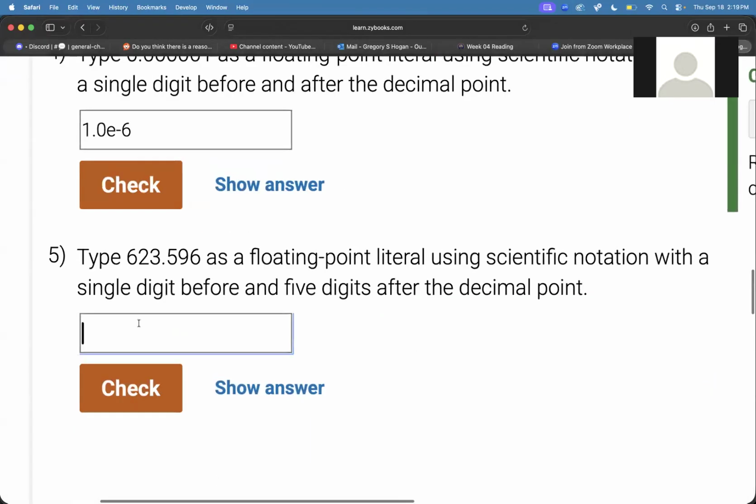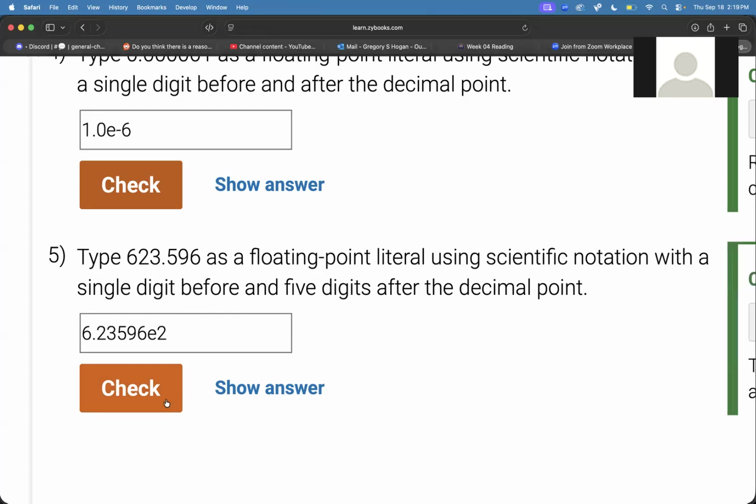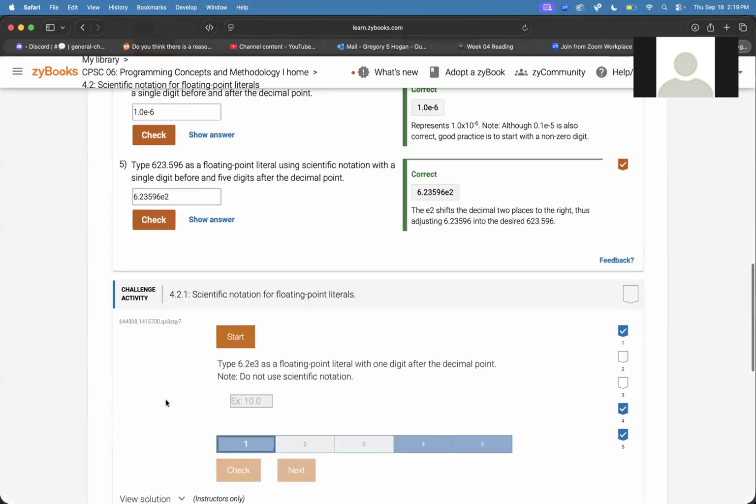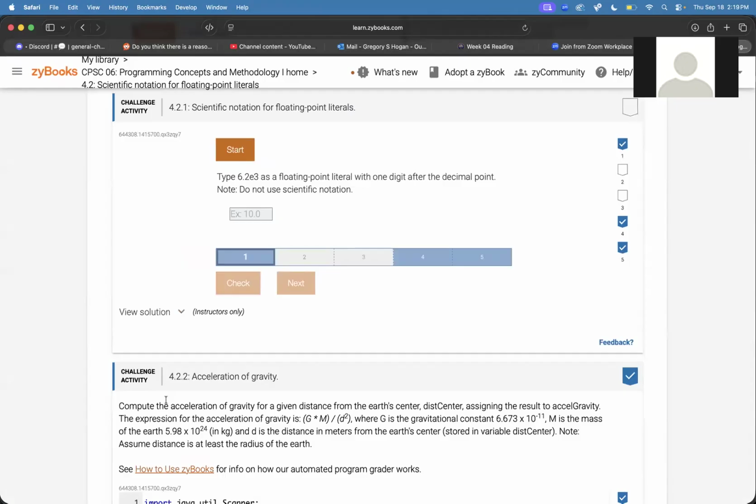Okay, similar here. You would type this 6.23596 E. And then how many decimal places do we have to move this for scientific notation? 1, 2, only 2 places. So it would be like this. And we got it.